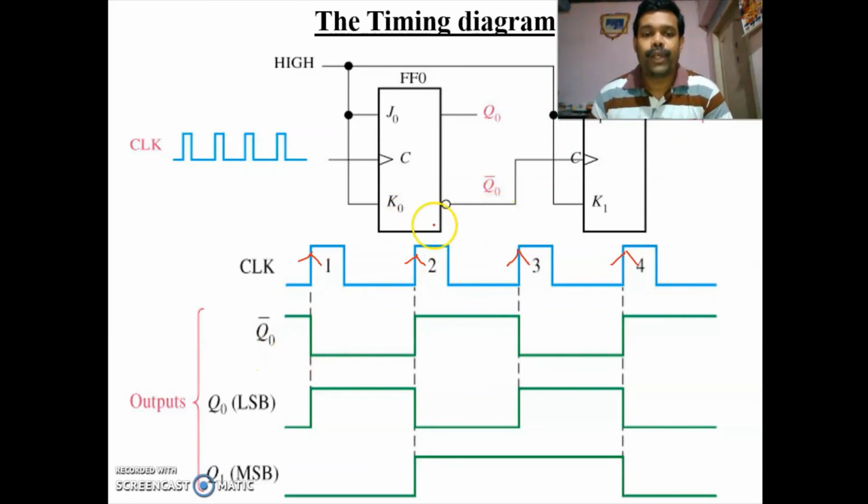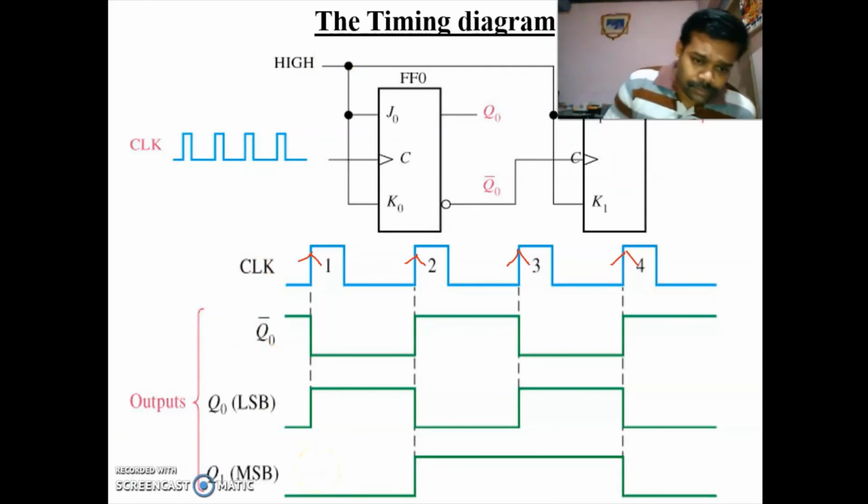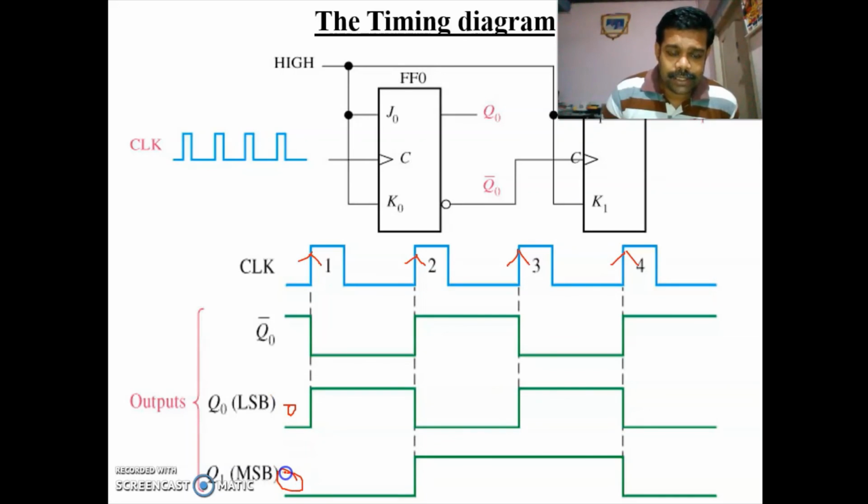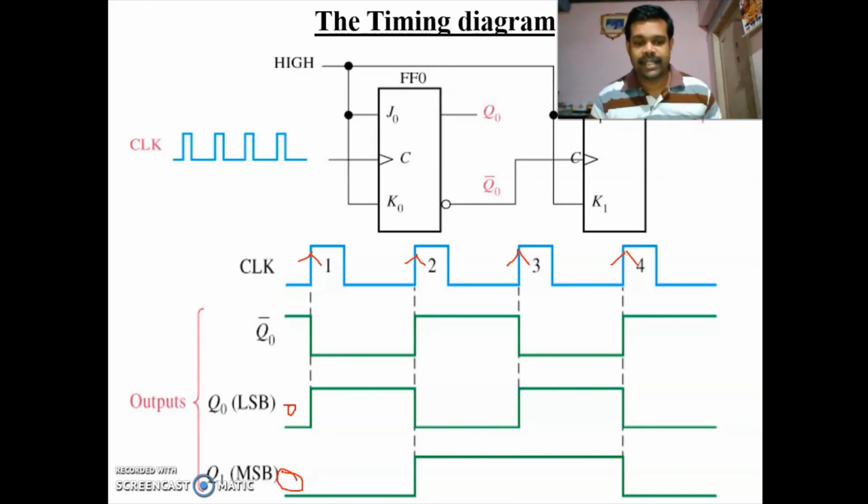So initially we are assuming Q naught and Q1 as 0.